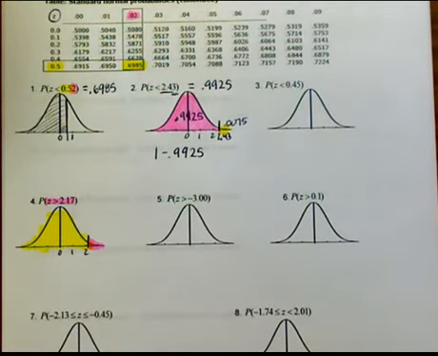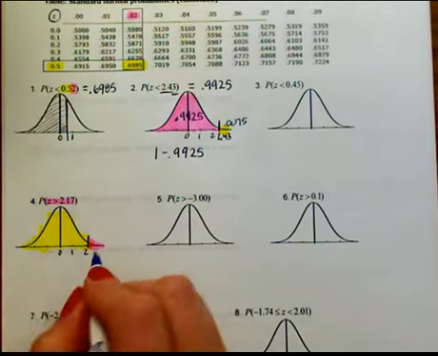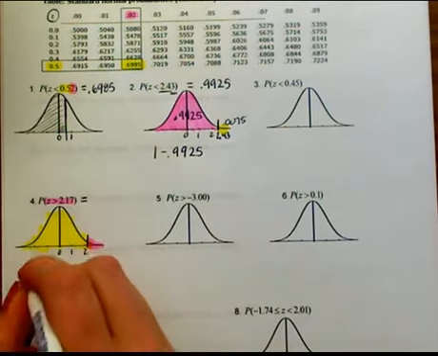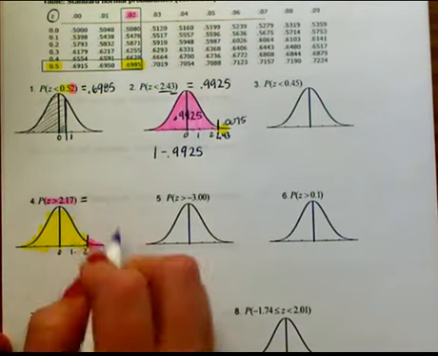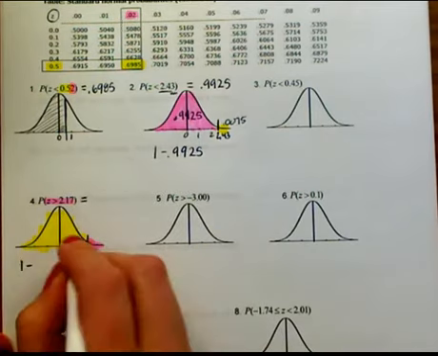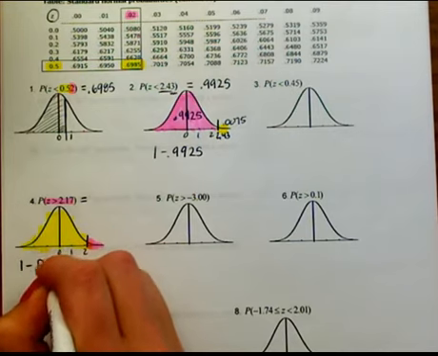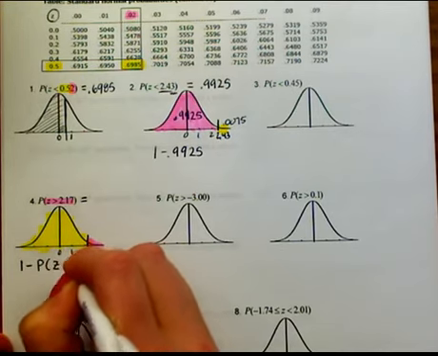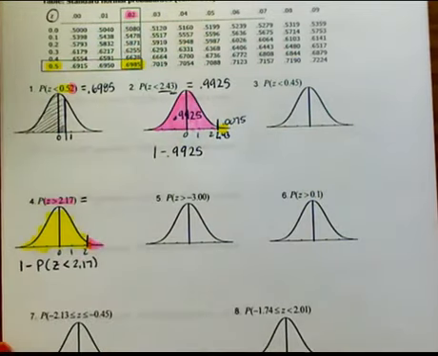Okay. Now I'm going to write another probability statement here. Okay, so I need the pink area. So this could be the whole area is 1, and if I subtract out the yellow, then this would equal the pink.